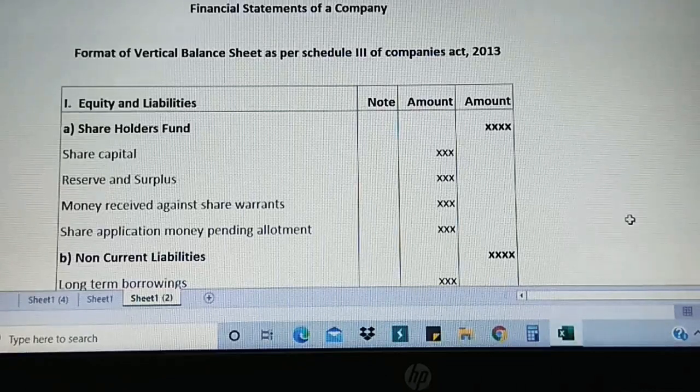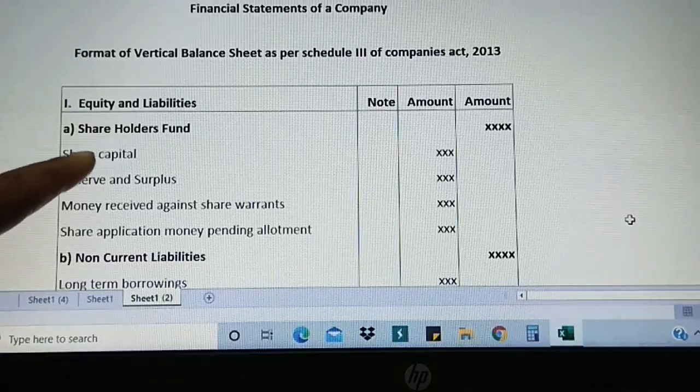Now under the first subheading, shareholders fund, the word itself tells that it is the item related to the shareholders, the fund that is related to the shareholders. So first is share capital. What is the share capital? It is the capital invested by the shareholders, either equity or preference, whatever it is, you have to take under this.